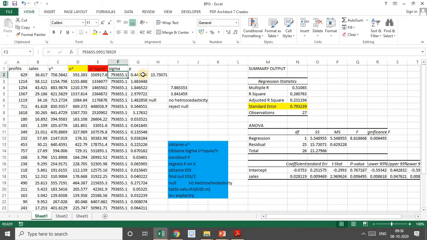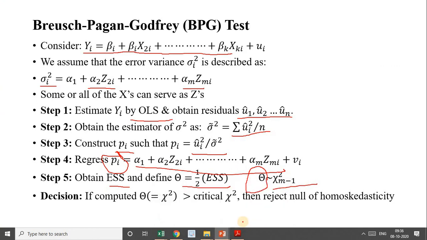Then find small p, which is u cap square divided by sigma, that is, u cap square divided by the standard error of the regression model.